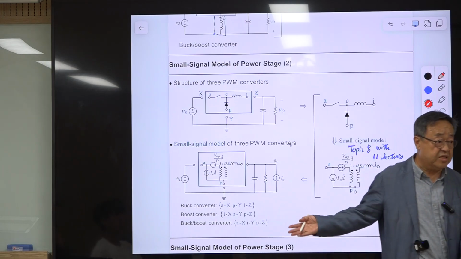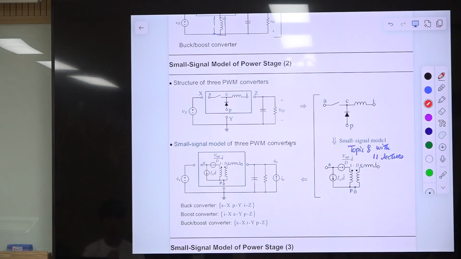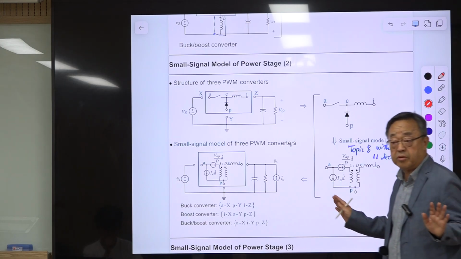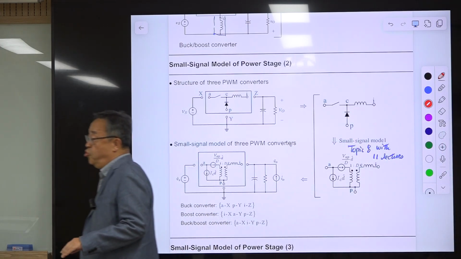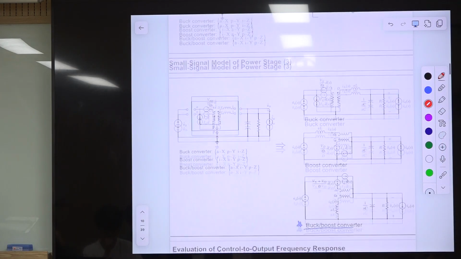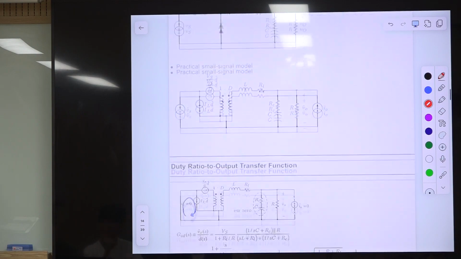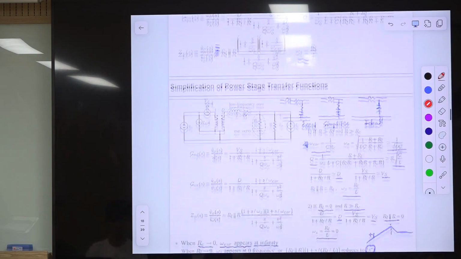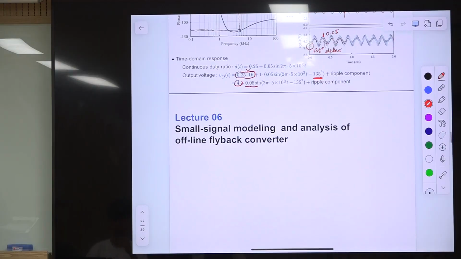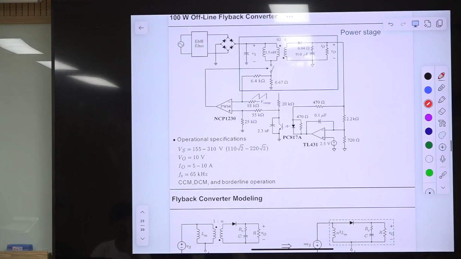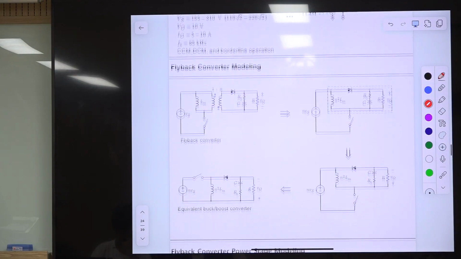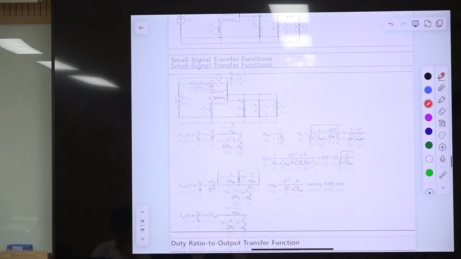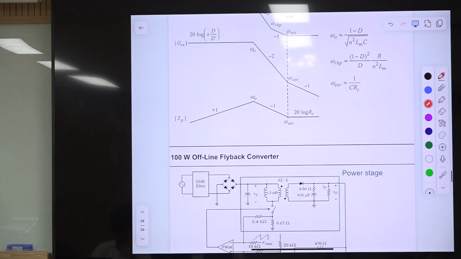Okay, if you accept this, if you take this one as granted, then you don't have any problem. Okay, then you can move forward to the dynamic analysis and compensation design of our converter. So next lecture we'll cover that. Right? So that will be very easy.